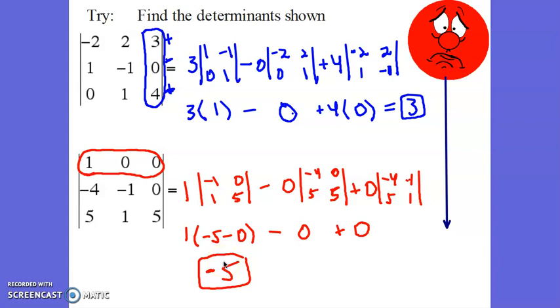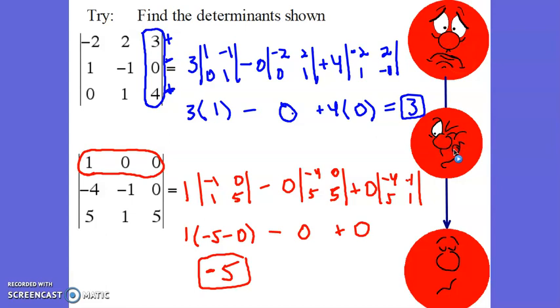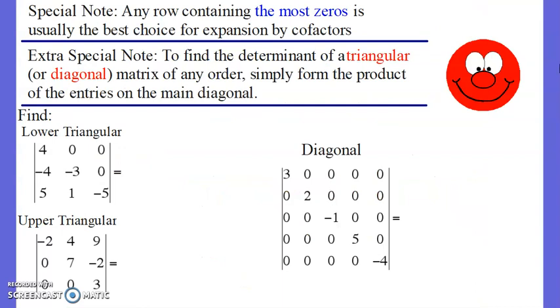Now, that last one also gives us a way to say, hey, this isn't so scary anymore. We'll just do a little bit of work, and hey, it's not so bad. And in fact, if we can take advantage of those zeros, life gets really, really good. As you noticed on this example down here, with the extra zeros in there, we could actually get rid of doing most of the work. And that's why there's a great shortcut when you're talking about lower triangular, upper triangular, or diagonal matrices.